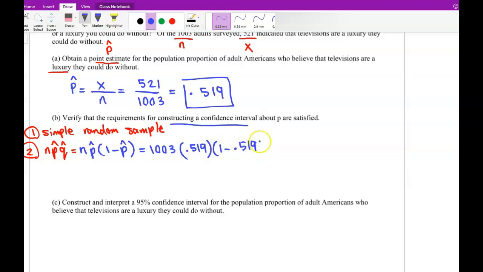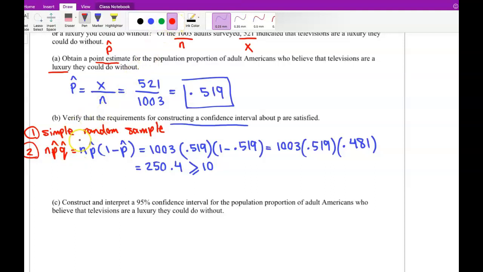So subtracting, we have 0.481. So this is equal to 250.4. This is greater than or equal to 10.